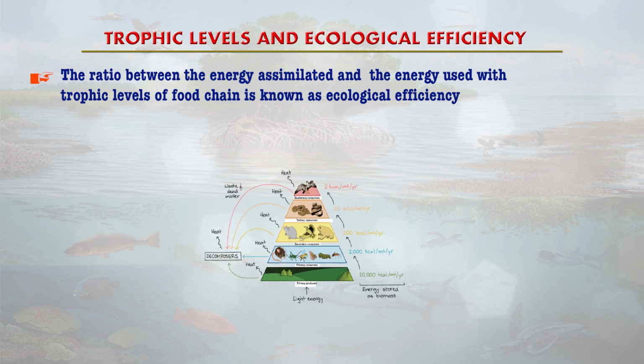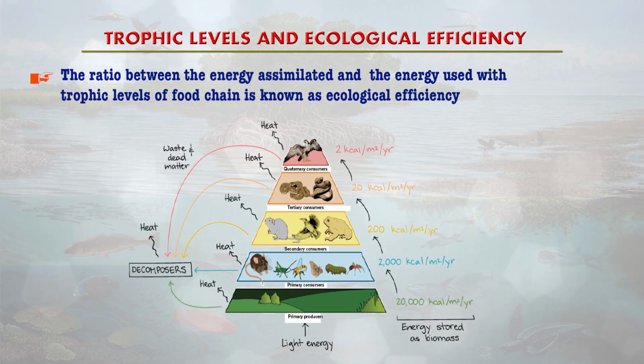The ratio between the energy assimilated and the energy used with trophic levels of the food chain is known as ecological efficiency.